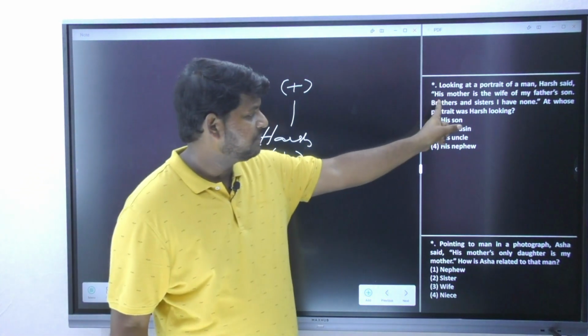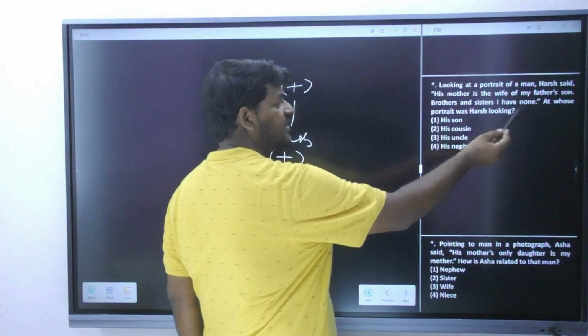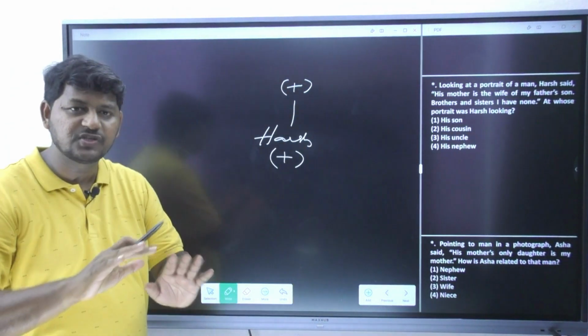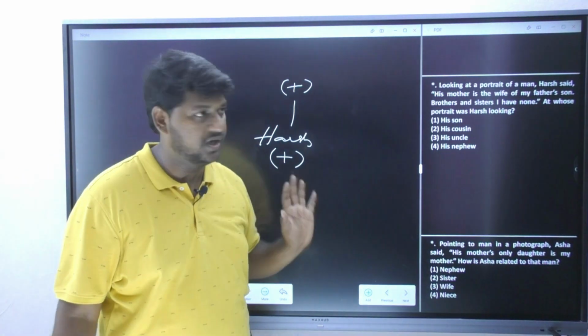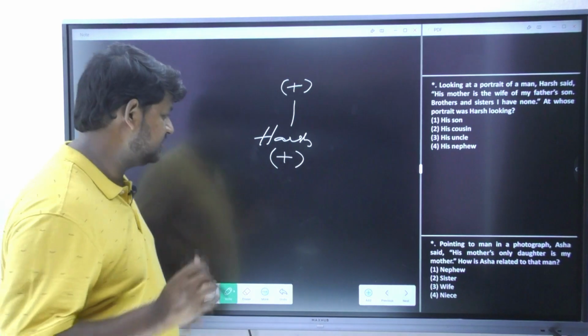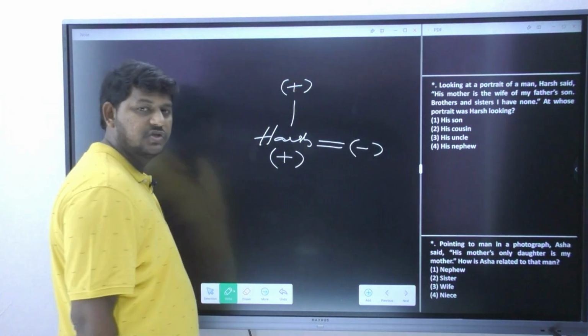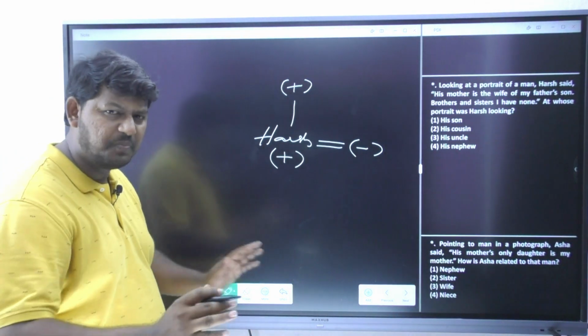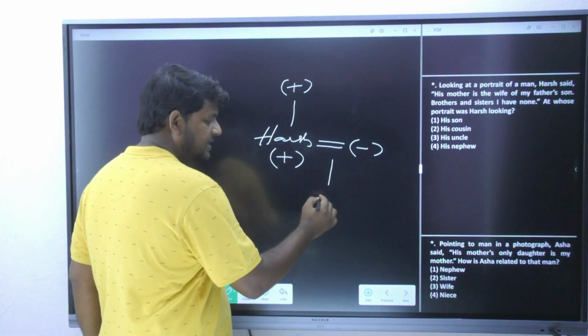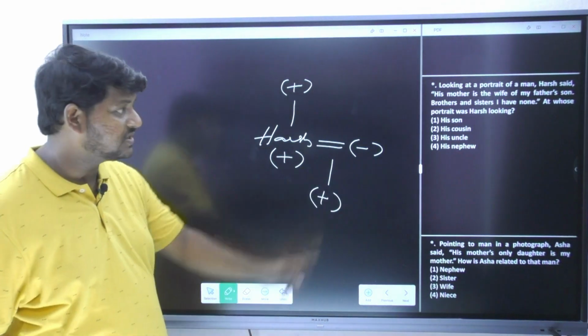And please observe, his mother is the wife of, this entire information, my father's son, is going to be changed into Harsh only. His mother is the wife of Harsh. So Harsh's wife is over here. So his mother means obviously it is the son of Harsh only, because his is mentioned.